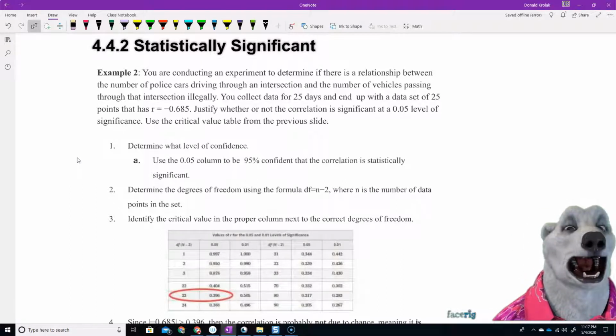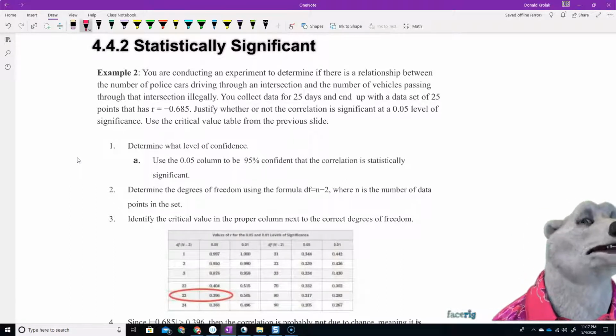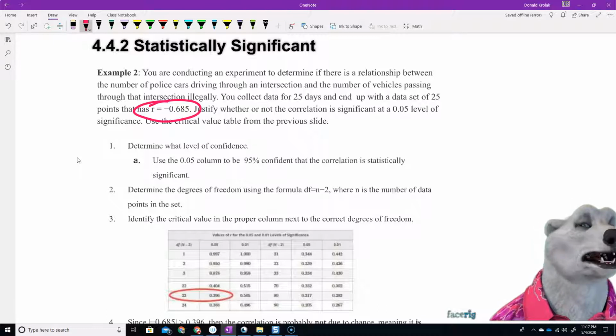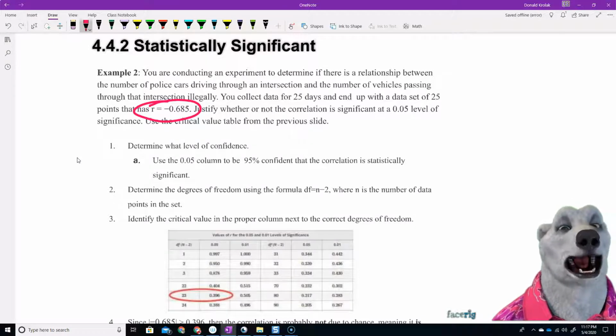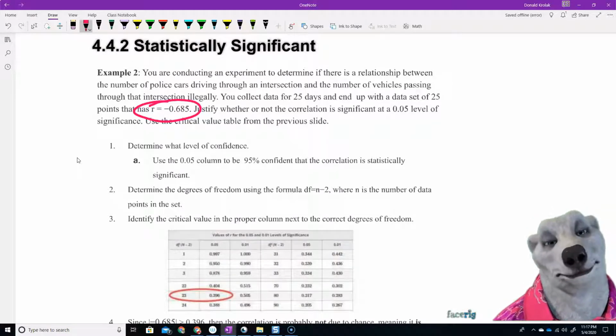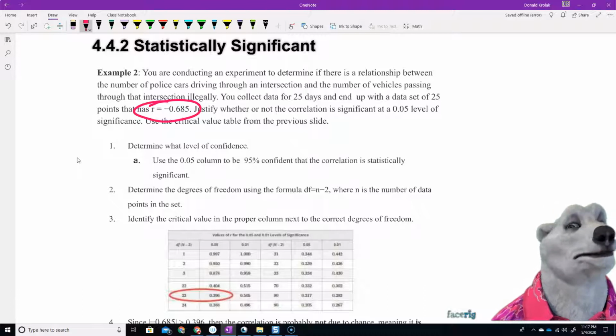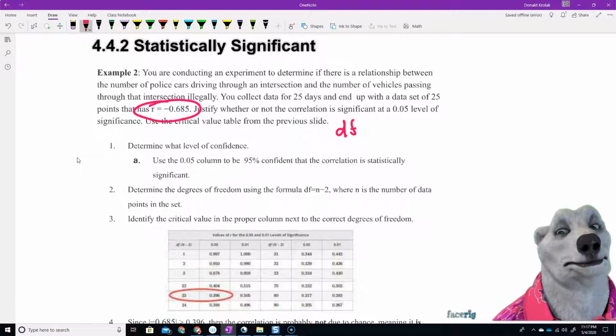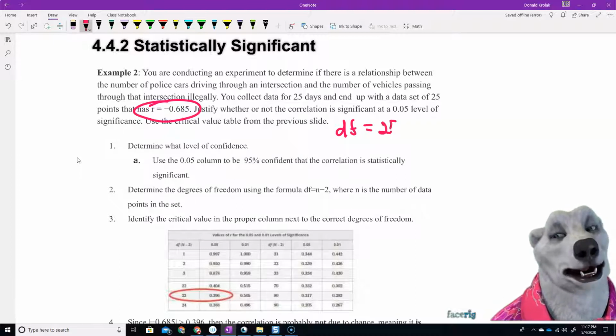You collect data for 25 days and you end up with a data set of 25, and you take your line of best fit and get an R value of negative 0.685. Our degrees of freedom on this are going to be 25 take away 2, 23.